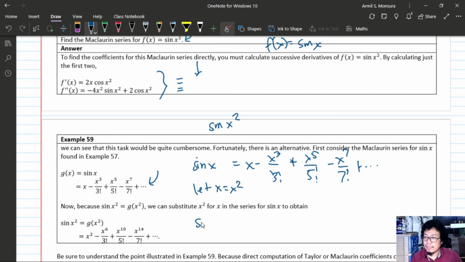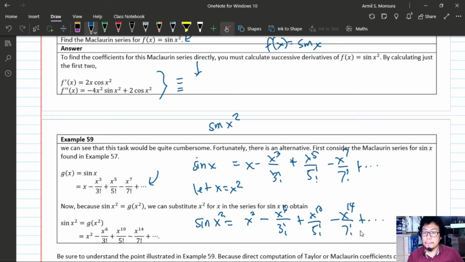So therefore, let's have sine x squared equals x squared minus x raised to 6 over 3 factorial plus x raised to 10 over 5 factorial minus x raised to 14 over 7 factorial, and so on. So that would be your Maclaurin series for sine x squared.